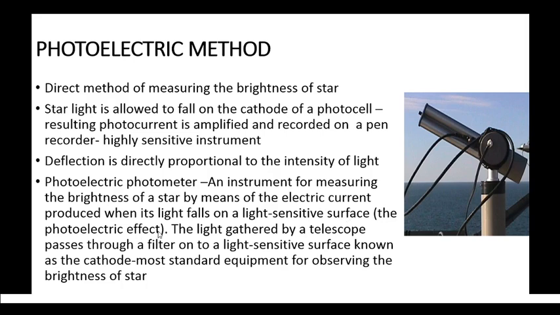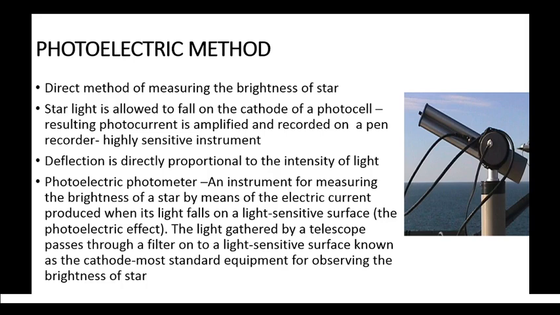We know that when light rays fall on a cathode, electrons are emitted from that surface, so the movement of these electrons will constitute a current. That process occurs in a photoelectric photometer, and with that current, which gets recorded on a pen recorder, we can analyze the brightness of the star.